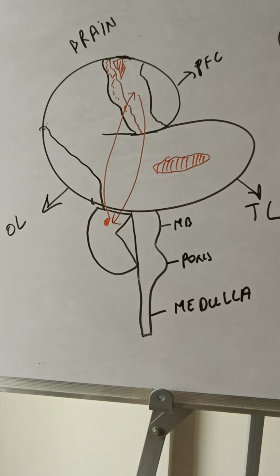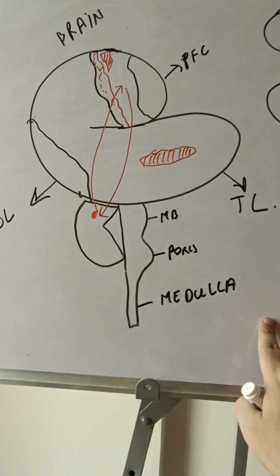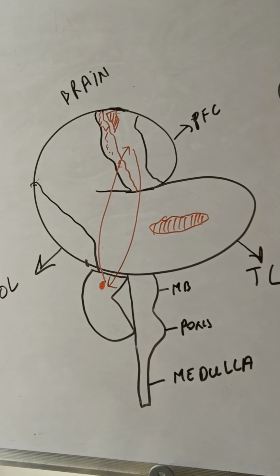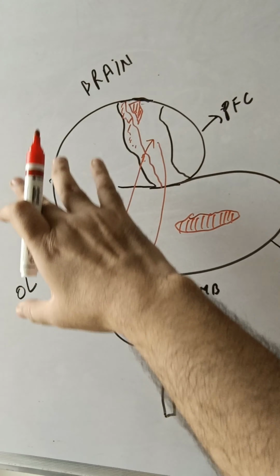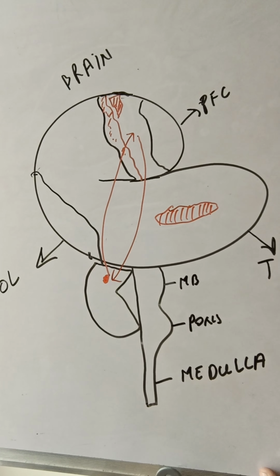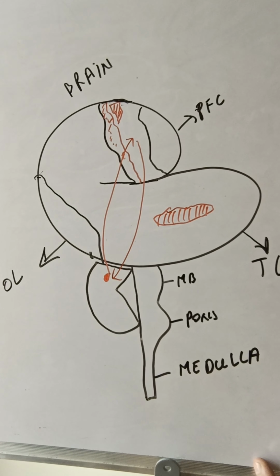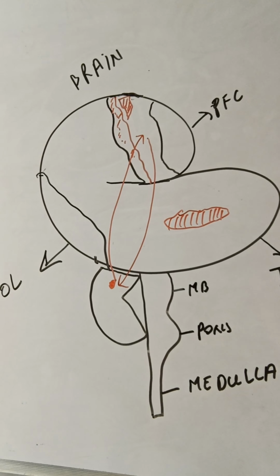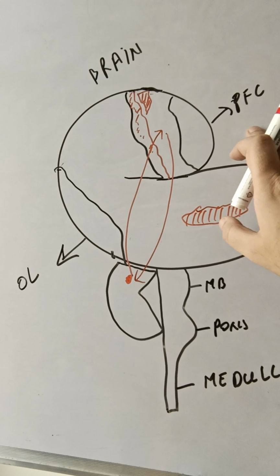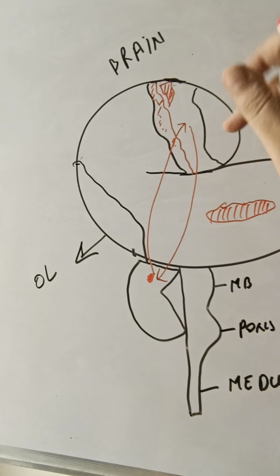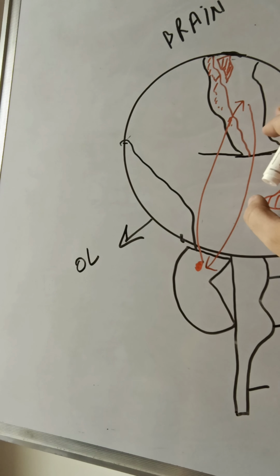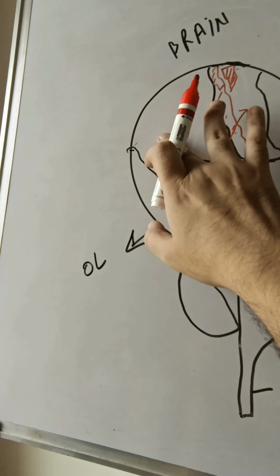As you see, I have a picture drawn here. It's not a good picture, but it's a part of the brain that I'm talking about. This is the basic brain anatomy model that I've drawn. This is the prefrontal cortex, and this is the central sulcus. The central sulcus divides the frontal lobe and the parietal lobe.